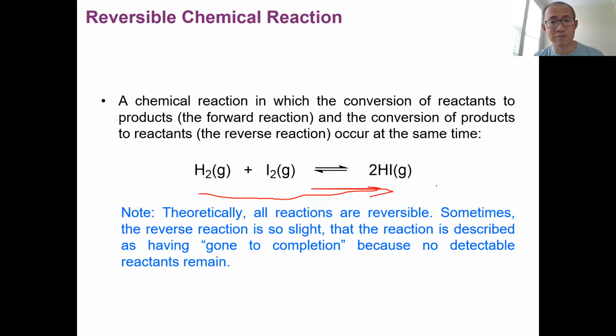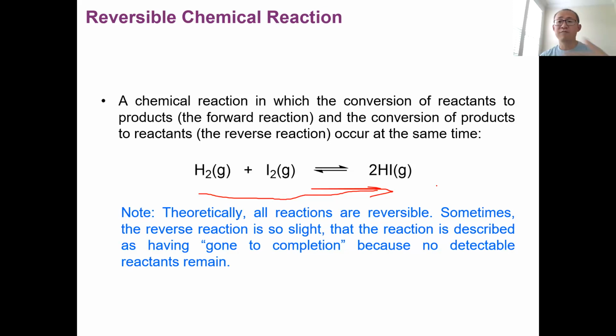But a reversible reaction means the products will convert back to reactants at the same time as the product is produced. So it looks like two-way traffic. That's basically the definition of a reversible reaction.